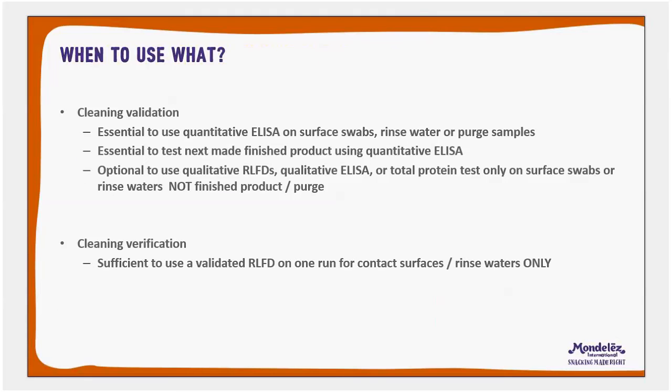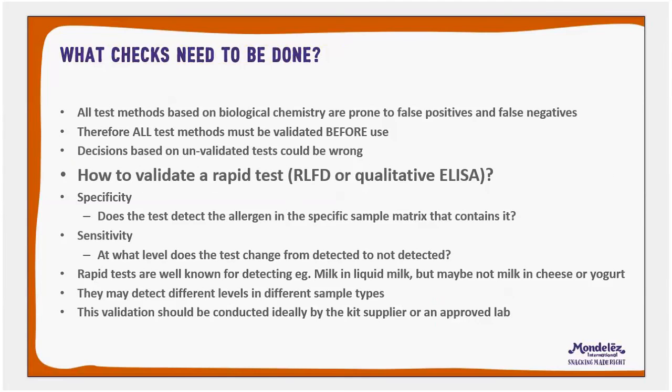So I mentioned earlier that all rapid tests must be checked first to check that they are effective at what you're trying to do. And the reason it's important that this is done is all of these testing methods are biological testing methods, and they are prone to both false positive and false negative results. Therefore, all of them must be validated before use.